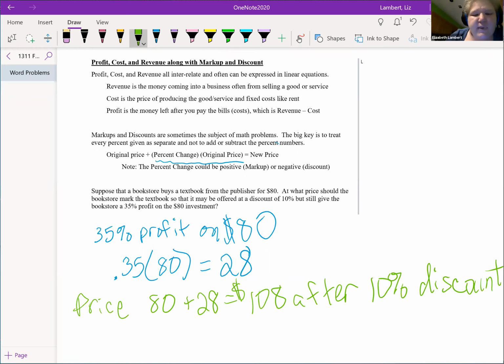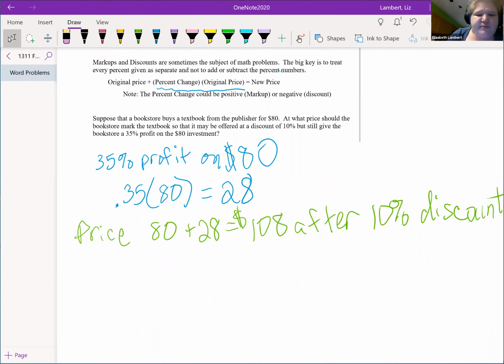All right. Now here's where it gets a little weird. So up here I had my original price, the percent change times the original price. I want this to be the result after the discount. So this is not the original price. This is the result. So I'm asking, what do I have to call the original price so that when I take off a 10% discount of that price, it equals 108.